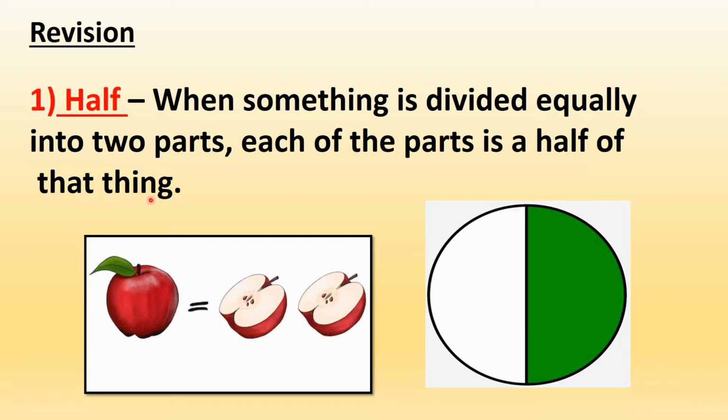A half of an apple means if an apple is cut into two equal parts, each of these equal parts is half of the apple. In the figure, the half part is colored and the remaining half part is not colored. Okay students? So when something is divided equally into two parts, each of the parts is a half of that thing.